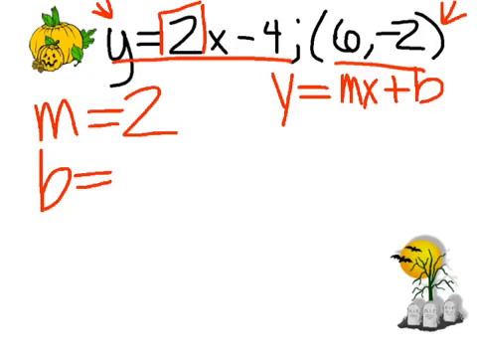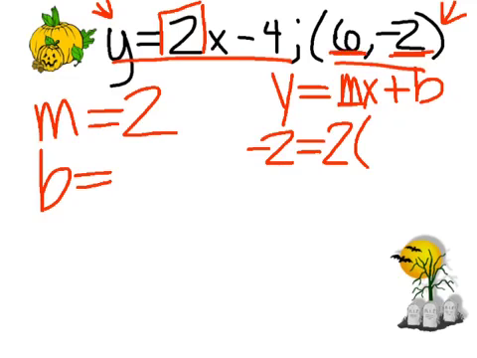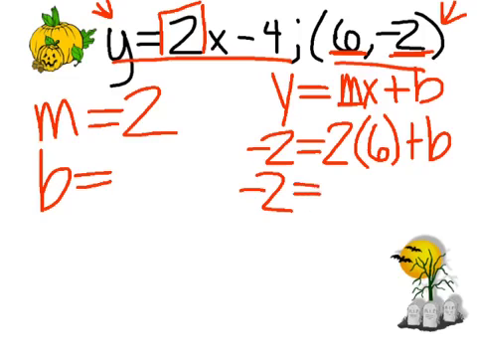What are we plugging in for y? Negative 2. What are we plugging in for m? And what are we plugging in for x? 6. Okay, we need to do 2 times 6, which gives us 12. How are we getting rid of our 12?